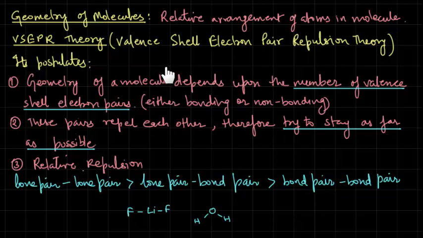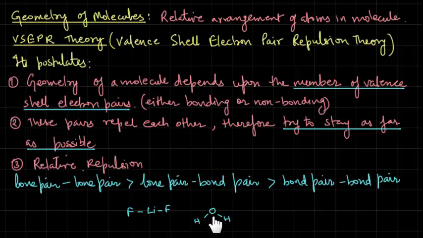So how can we find the geometry of molecules? One way is VSEPR theory, which stands for valence shell electron pair repulsion theory. This theory's postulate is that the geometry of a molecule depends upon the number of valence shell electron pairs, either bonding or non-bonding.